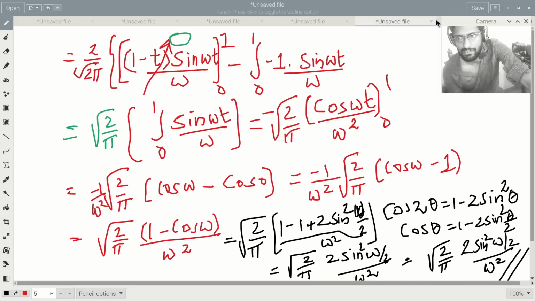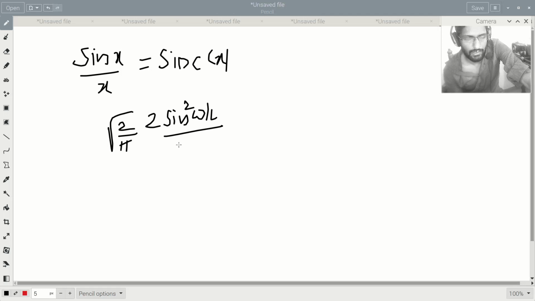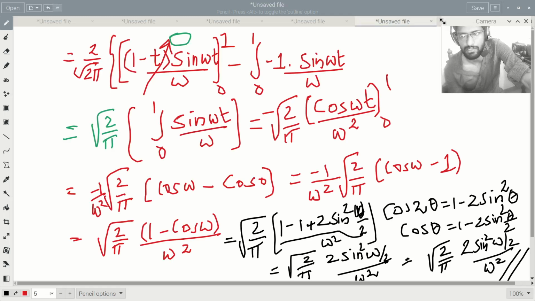Our answer is root 2 by pi into 2 sin square omega by 2 divided by omega square. Is omega square there? Yes, omega square is there.